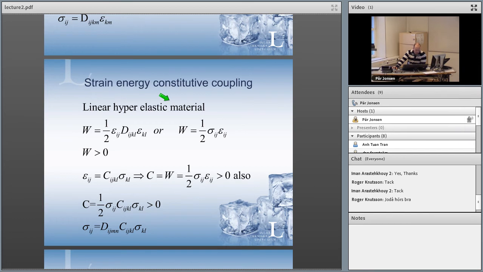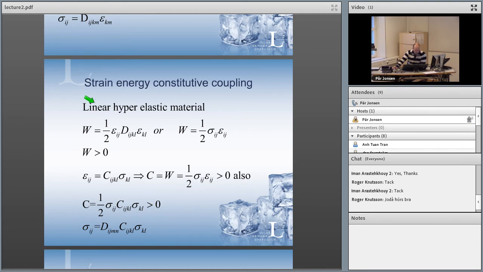And now we can manipulate this relation here a little bit. You know that this should be positive also, all the time. So then you can rewrite, you know that C and W is the same, then you can say that this relation is also larger than 0 for the system.